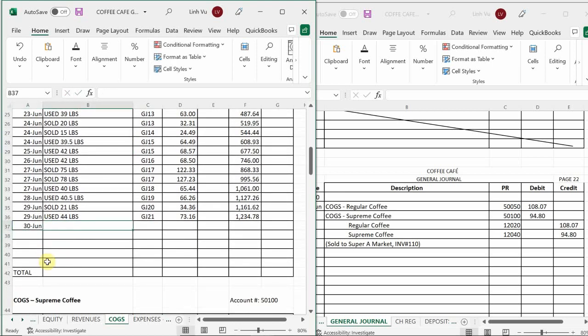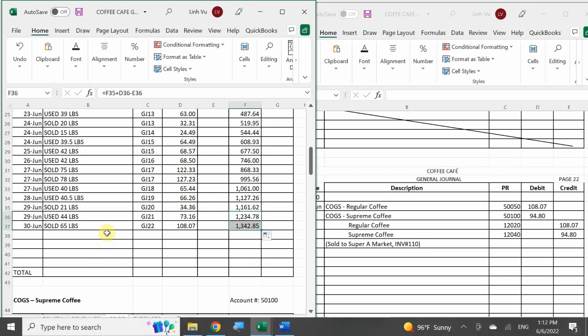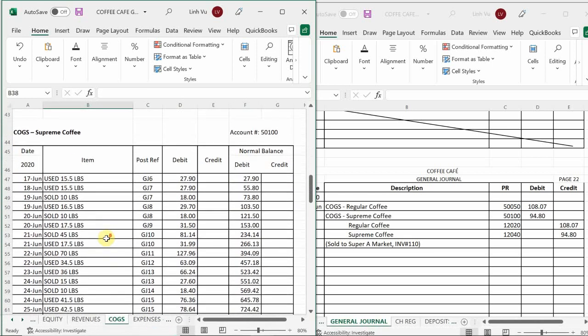I sold 65 pounds, general journal page 22 this time. And I sold it for a total of $108.07, which will give me a grand total of $1,342.85.